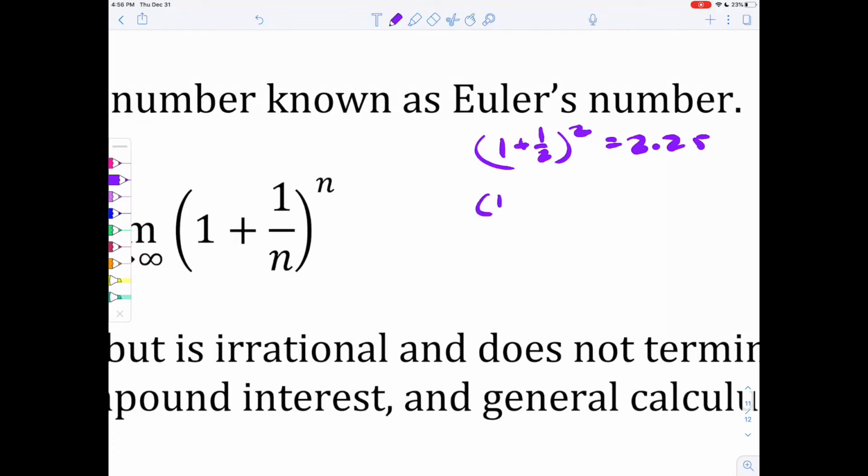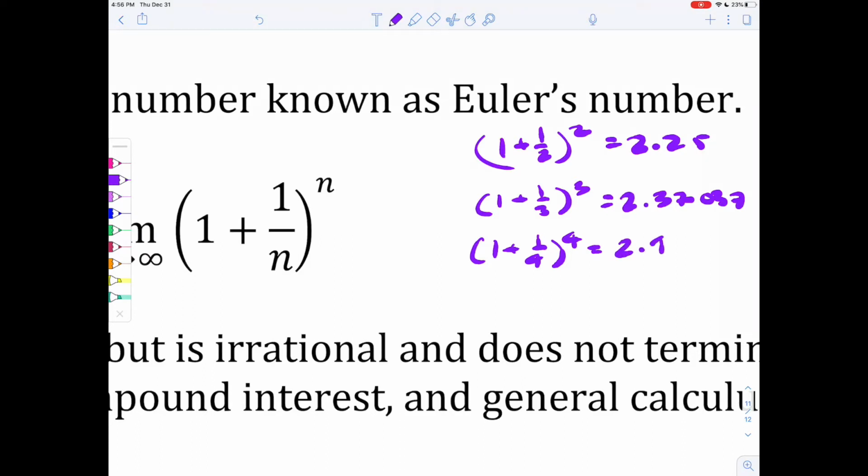If you let n equal 3, you've got 1 plus a third to the power of 3, which is 2.37037. And if you let n equal 4, you're going to get 2.4414, stuff.